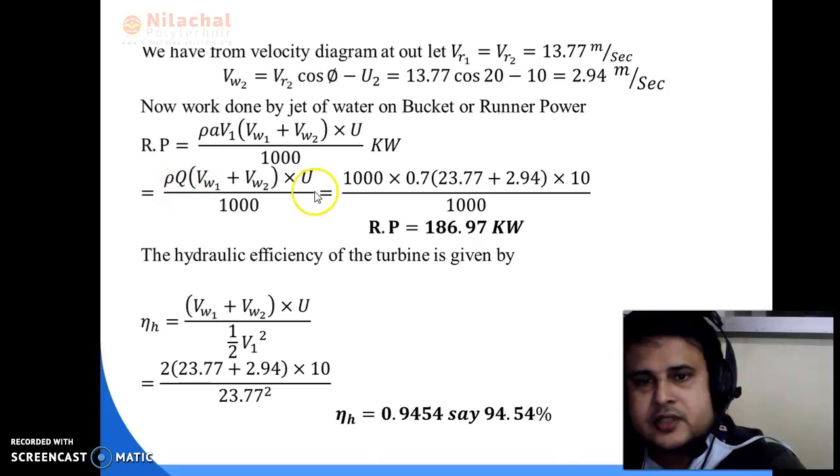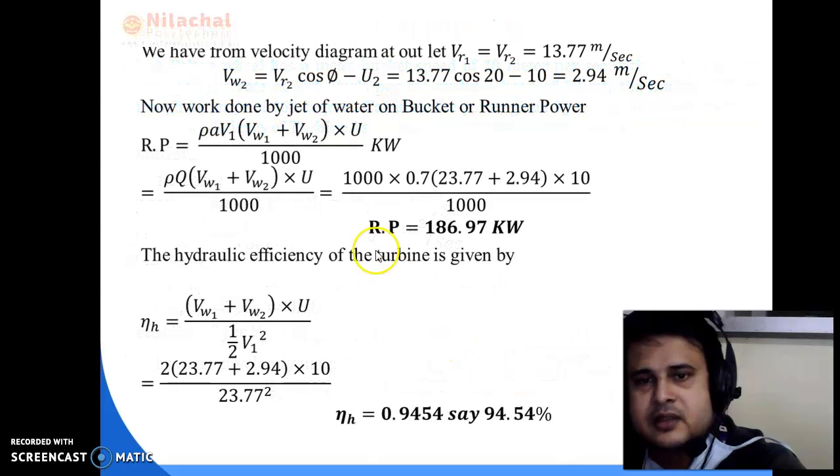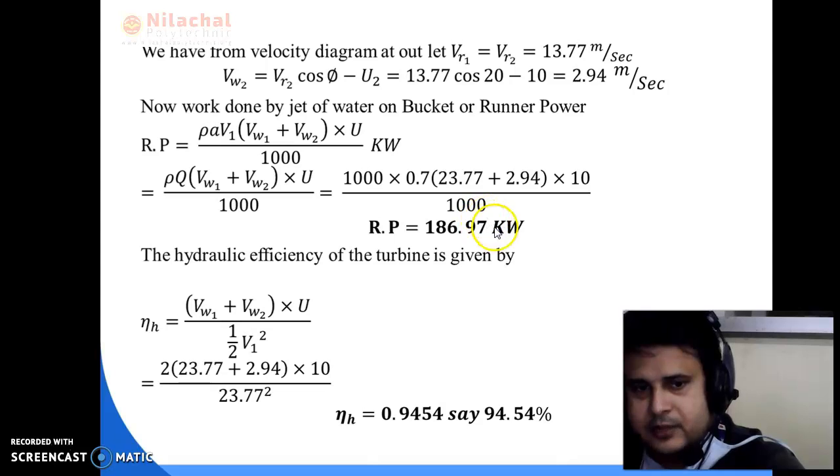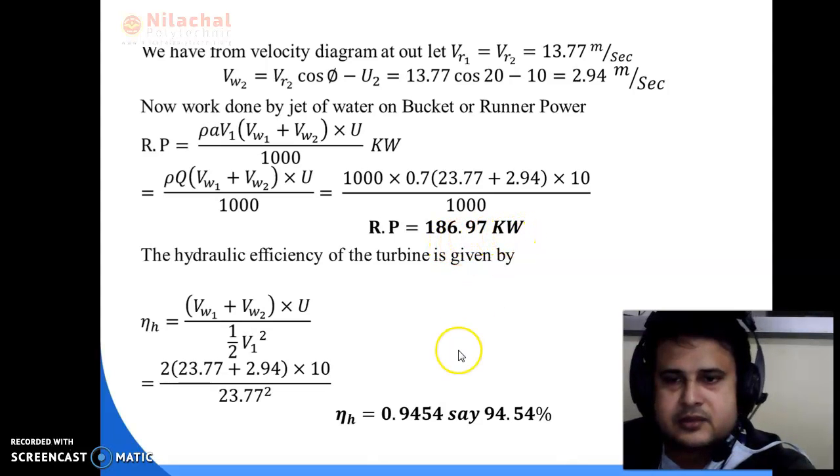For rho it is 1000, for Q it is 0.7, for Vw1 we found earlier the value as 23.77, and Vw2 is 2.94. After putting all these values, the runner power is equal to 186.97 kilowatt.